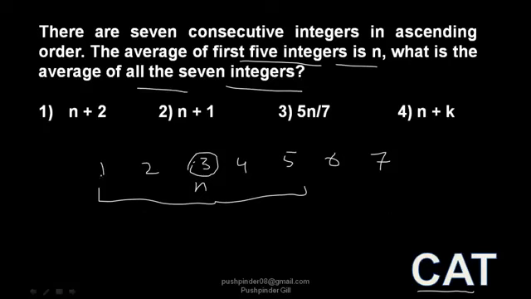The average of all the 7 integers. Which is the 4th number, because that's the middle number for all 7. So if this is n and they are consecutive integers, this is going to be n plus 1. I hope you're understanding this point. It becomes very easy now. The average of numbers which are in arithmetic progression is the middle number.